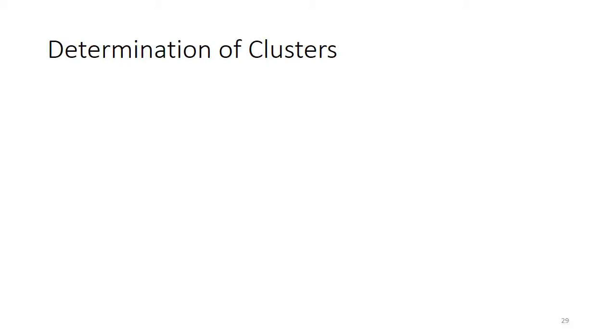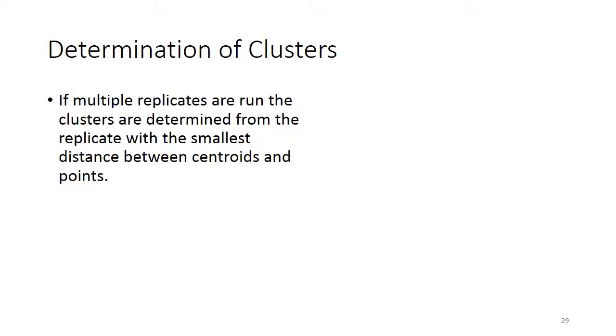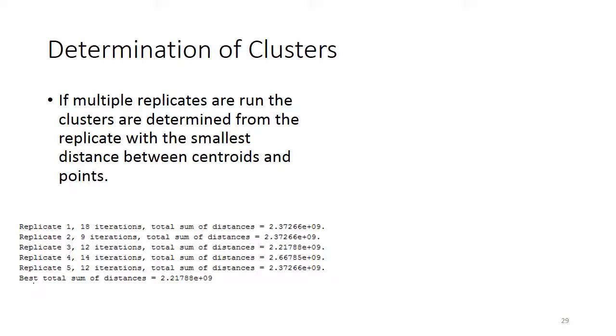So, determination of clusters. If we run multiple replicates, the clusters that are right are determined from the replicate with the smallest distance between centroids and points, or sum of distances. As we can see here, we ran 5 replicates, and each one, depending on where the random centroids were chosen, had a different number of iterations and a different total sum of square distances.